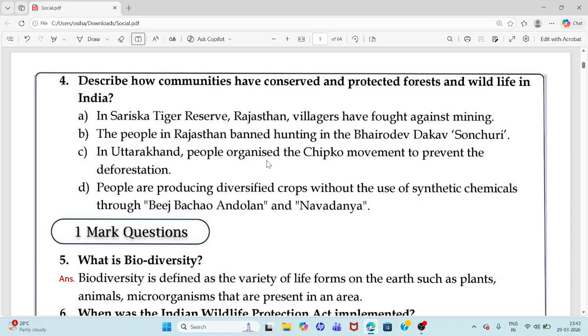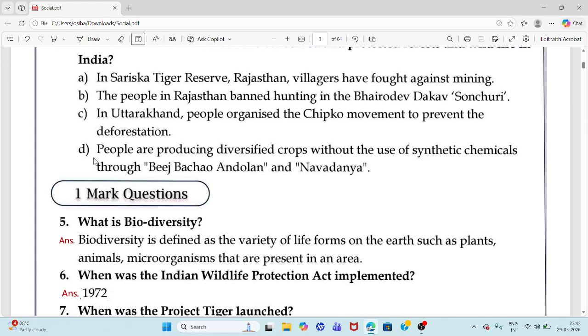In Uttarakhand, people organized the Chipko movement to prevent deforestation. Fourth point, people are producing diversified crops without the use of synthetic chemicals through Beej Bachao Andolan and Navadhanya.